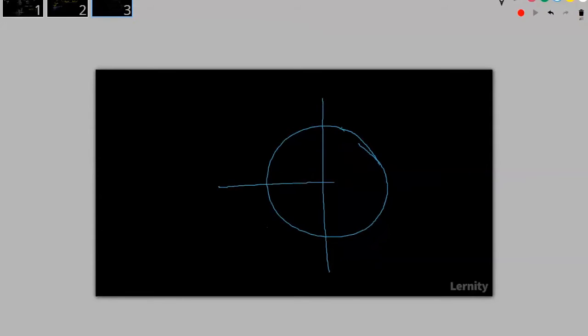So fine. I will just redraw this. I will draw a circle. Okay, so this is a circle. This is y-axis and this is x-axis.